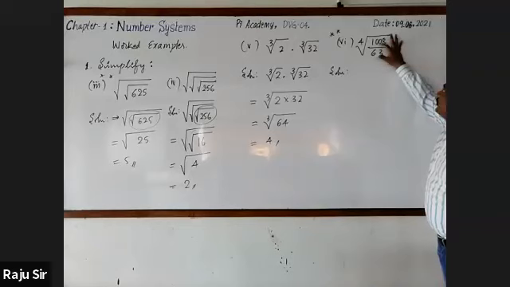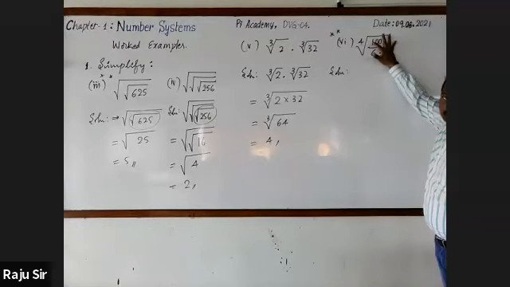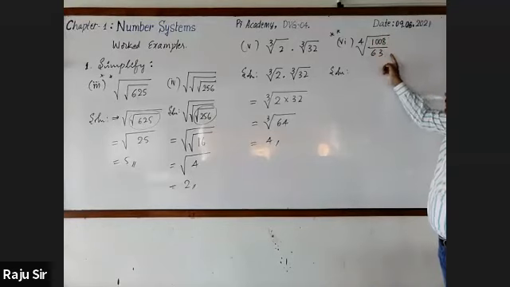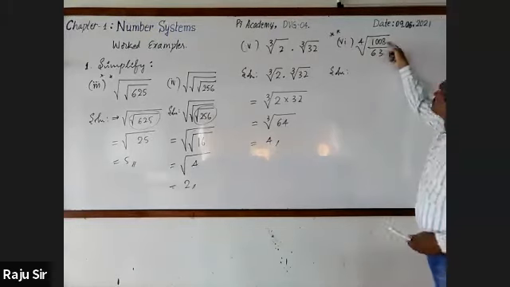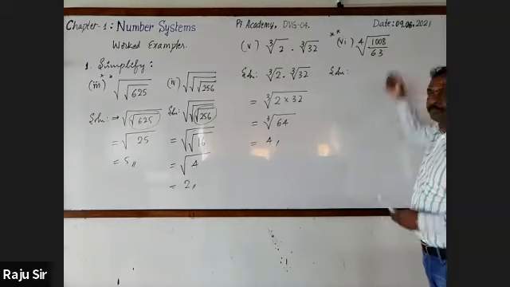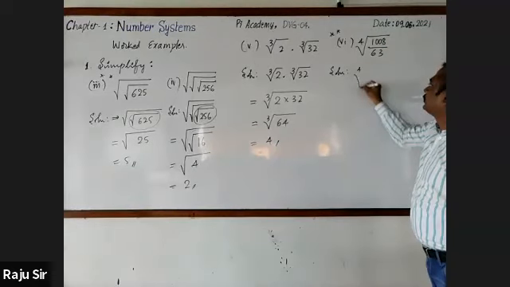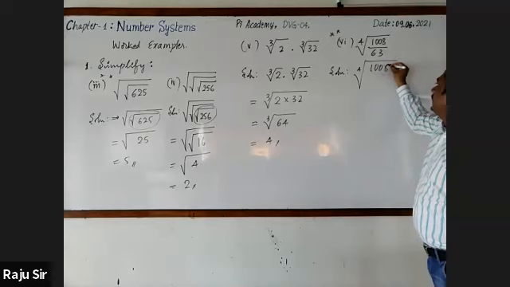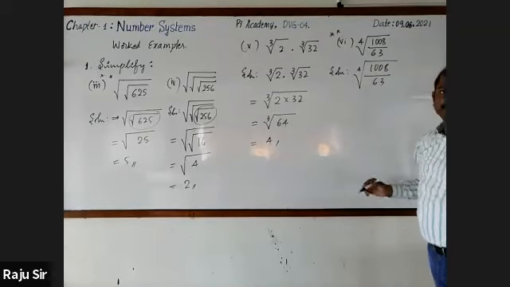You cannot remove 1008 from the 4th root, even 63 also. But we have a possibility of cancellation because both are divisible by 3. Here I'll write the 4th root of 1008 by 63.